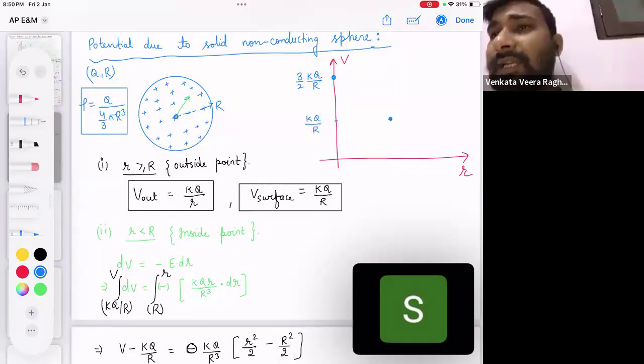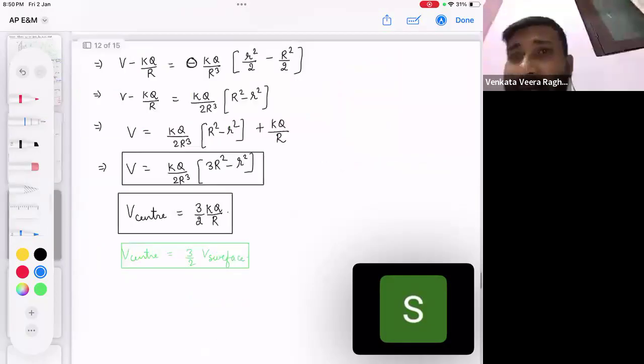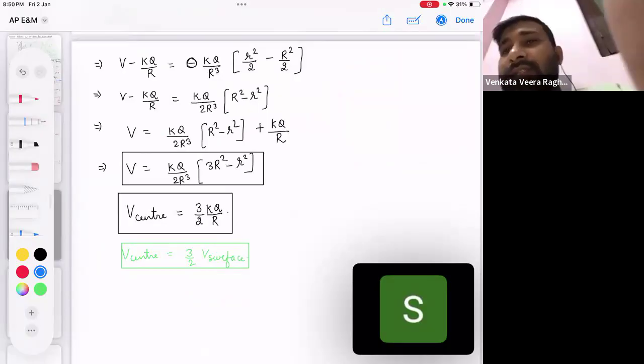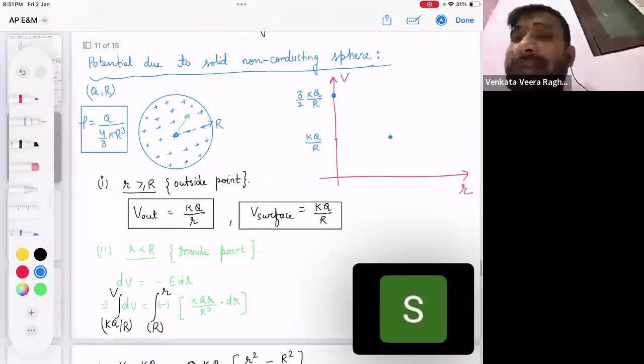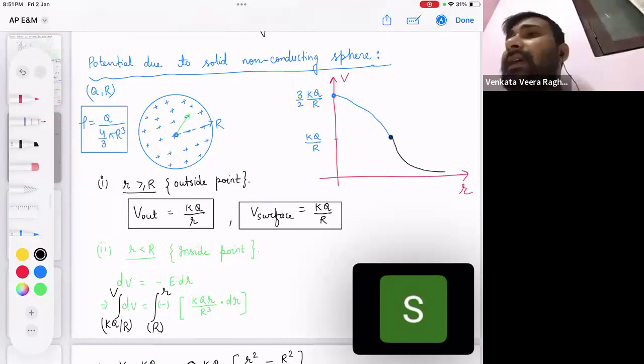And please tell me, for an inside point, what kind of graph will come? A straight line, rectangular hyperbola, or a parabola? Please check it. KQ/2R³ are constants, and V is minus r² proportionality. So for a point lying inside, the graph is going to be a parabola. And once I reach the surface, then onward, the graph will become a rectangular hyperbola.